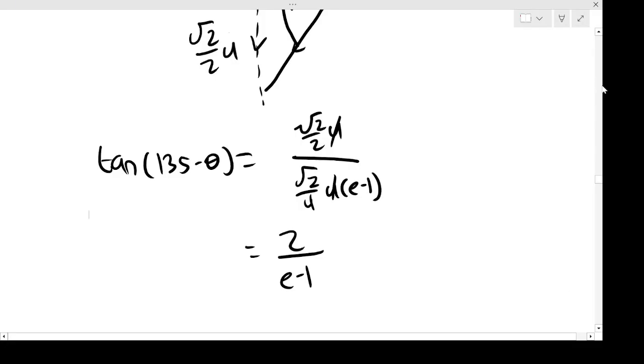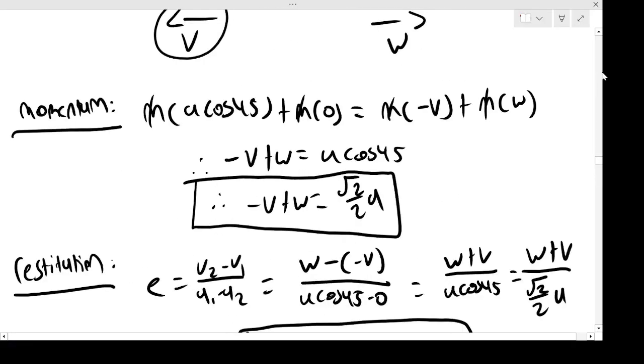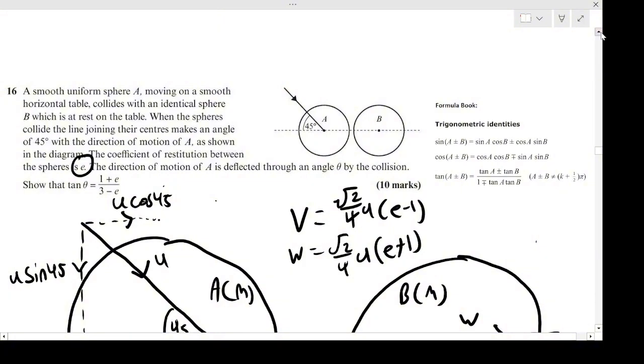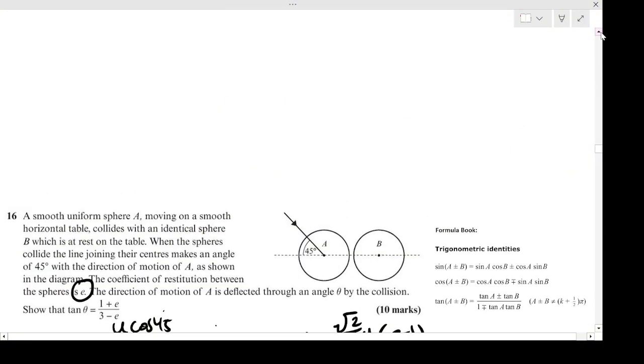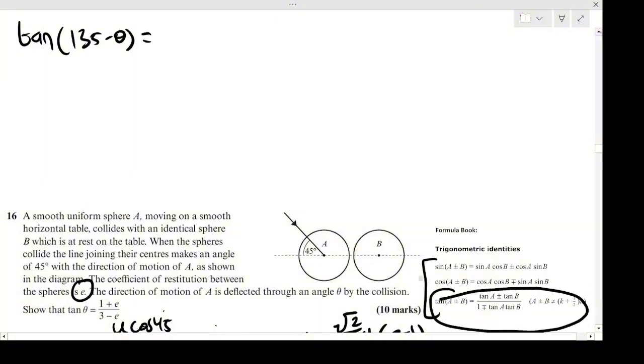So we're going to need to expand that compound angle formula. So that's where we need to revisit my formula book, right? So my compound angle formulas. So I want tan of 135 take away theta. And actually, I can just use the tan compound angle formula.